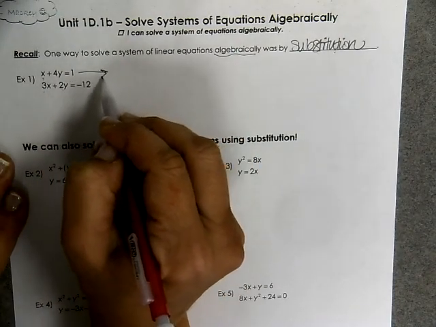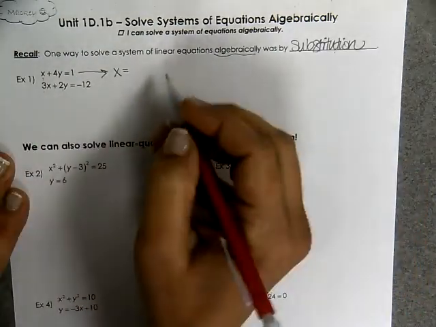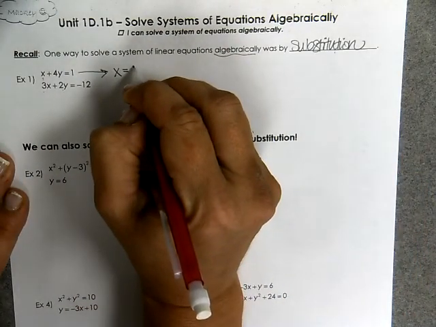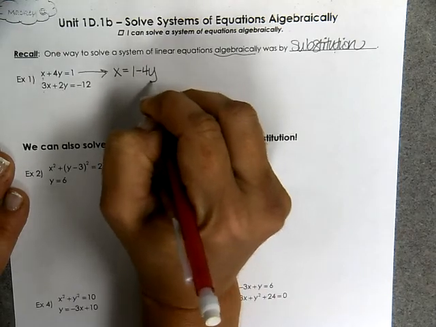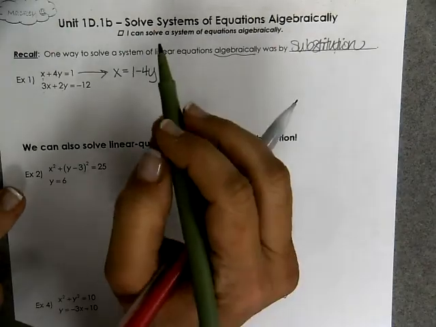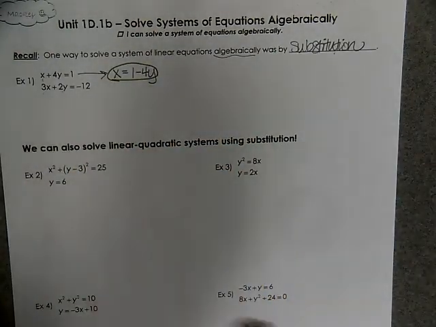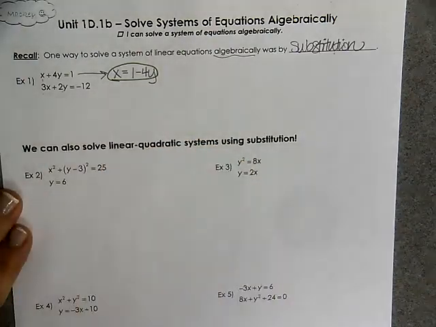So let's isolate that and let's rewrite what that would look like. So if I were to isolate x, that is going to be 1 minus 4y, or negative 4y plus 1. So this is the equation that we're going to put in to the other one.